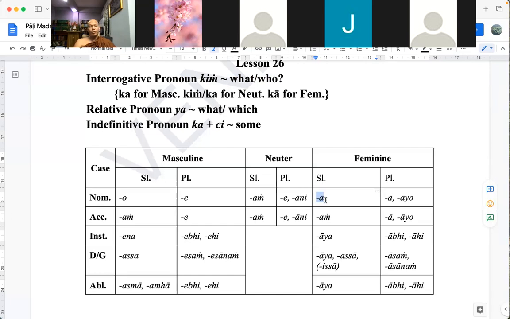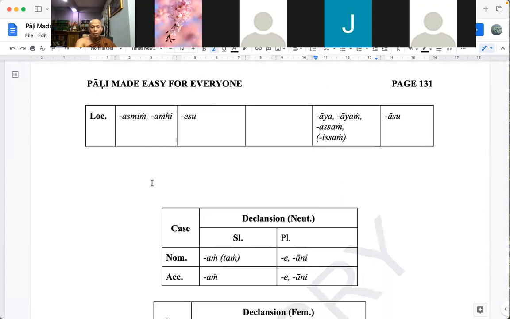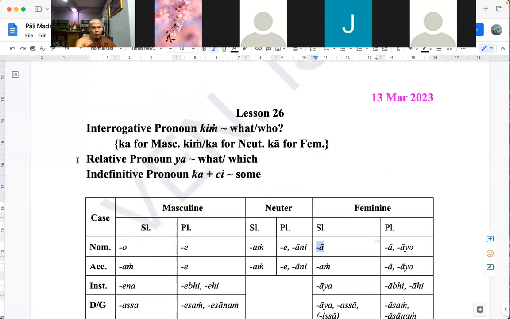Based on their gender it can be understood. And now another, the relative pronoun ya. The relative pronoun ya also means what, which, or who. That one also the same.